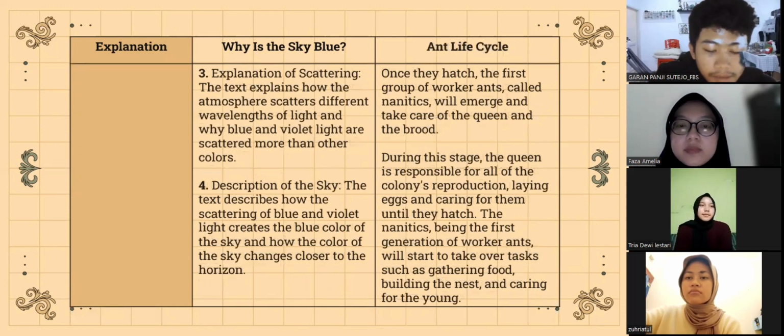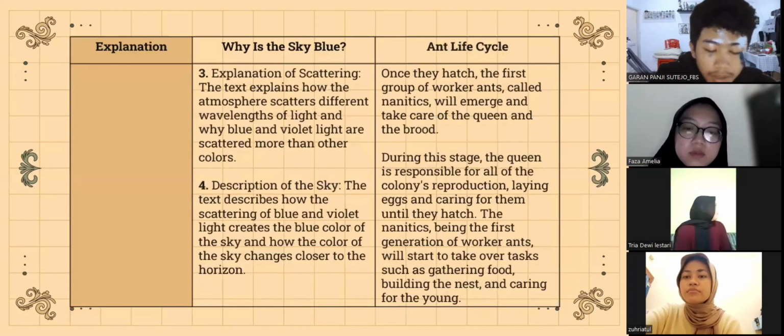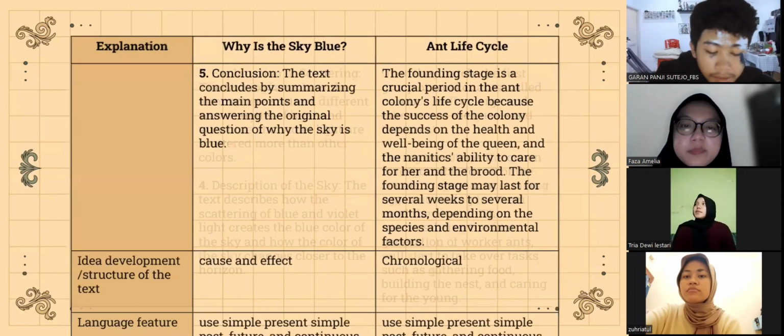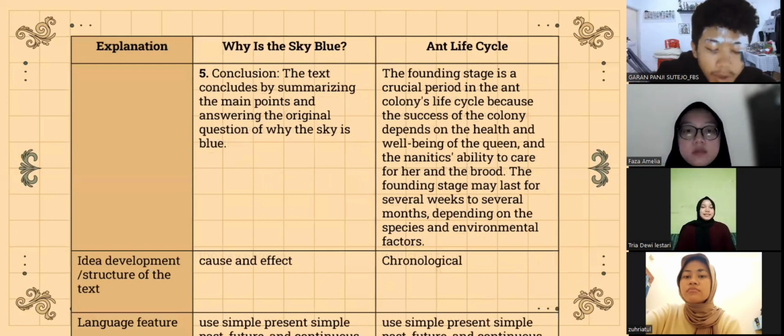The text explains how the atmosphere scatters different wavelengths of light and why blue and violet light are scattered more than other colors. 4. Description of the sky. The text describes how the scattering of blue and violet light creates the blue color of the sky and how the color of the sky changes close to the horizon. 5. Conclusion. The text concludes by summarizing the main point and answering the original question of why the sky is blue.